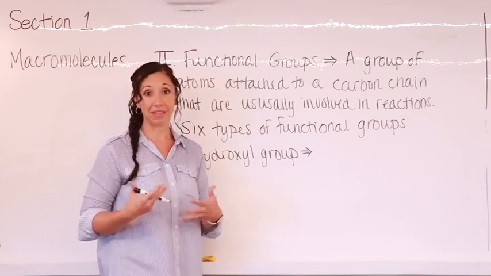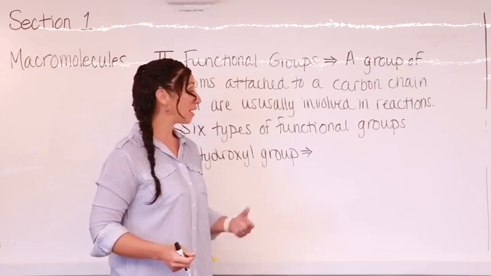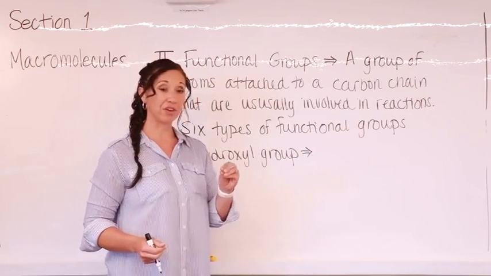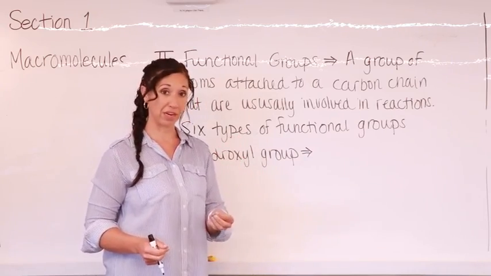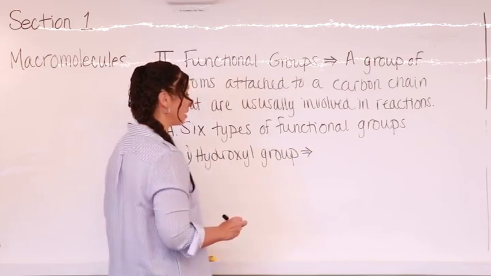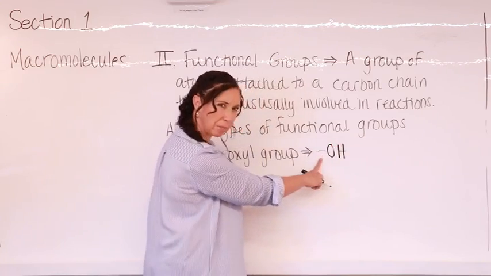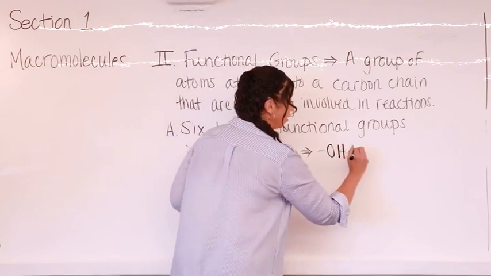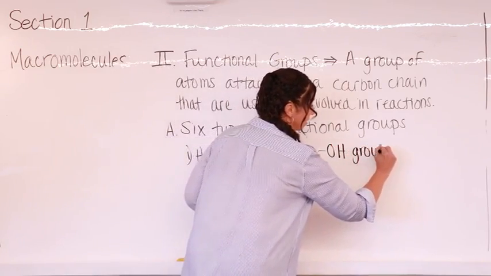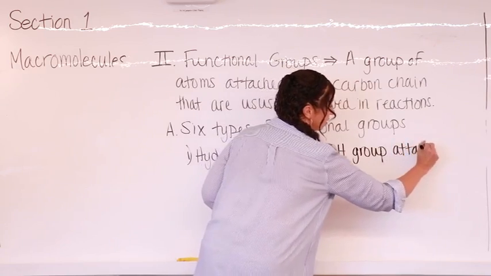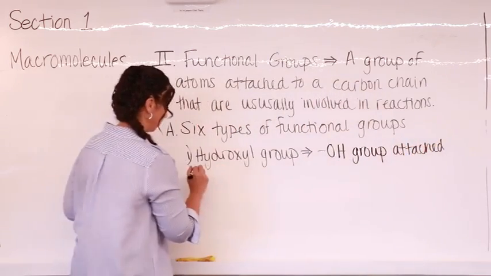That's where we get hydroxyl from. A hydroxyl group is an OH that is bound to the carbon chain, covalently bonded to the carbon chain. So this is an OH group, and that's just representing the bond of it attached to a carbon. OH group attached to the carbon chain.